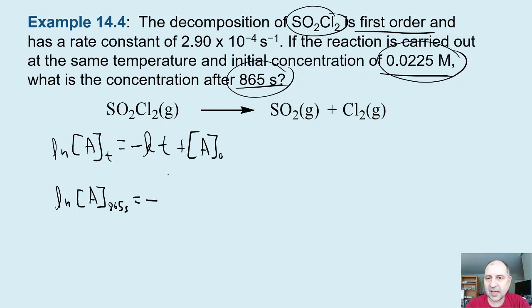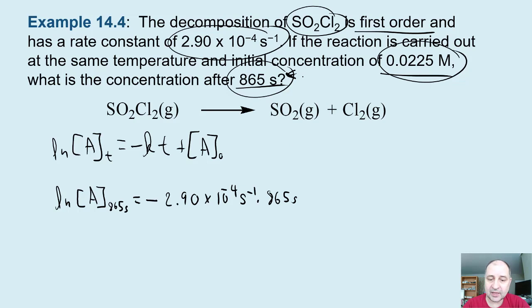Times negative k, I'm provided with k. That's 2.90 times 10 to the minus 4 per second times t, which is 865 seconds.